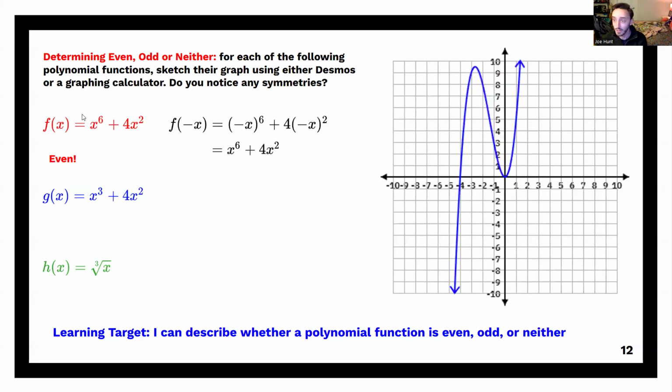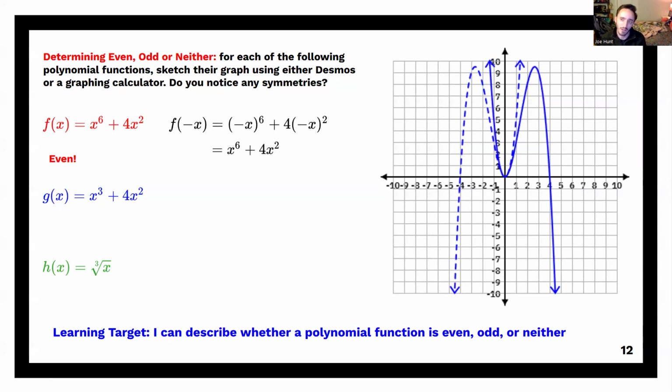Now, as I go to a different function like g of x, things get a little more interesting, right? I've got this cubic term plus this quadratic term, and I get this big wiggly looking S-shaped curve that's very different than anything we've seen before. If I'm thinking about whether it has a reflective symmetry over the y-axis, what I would want to graph is the original and a version where I switch the x values, but not the y values.